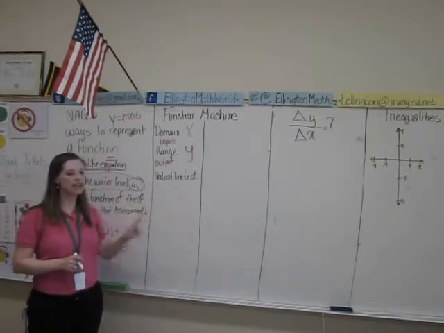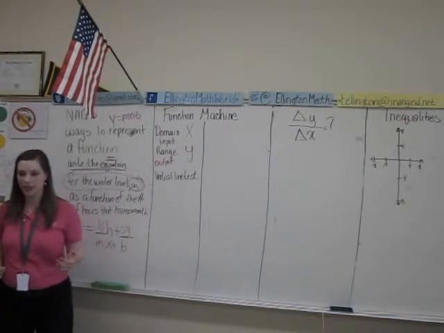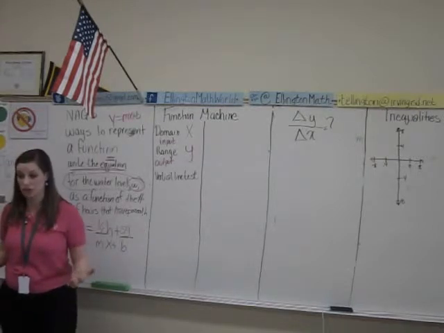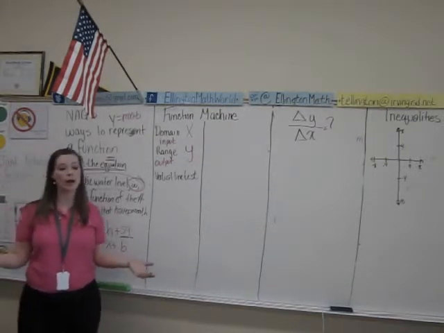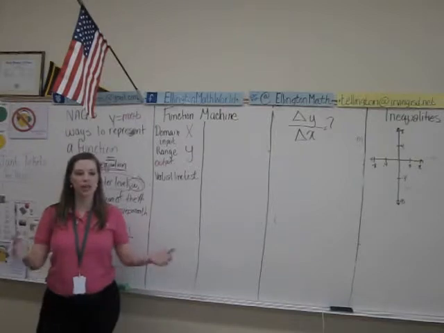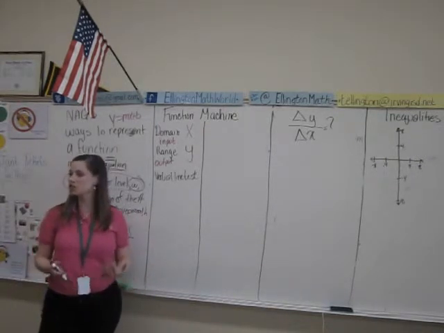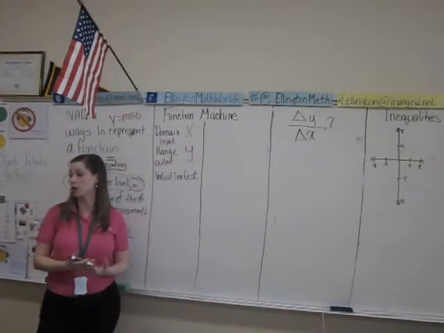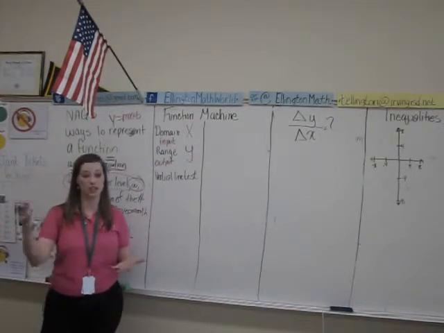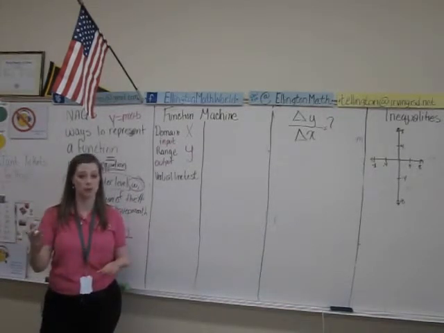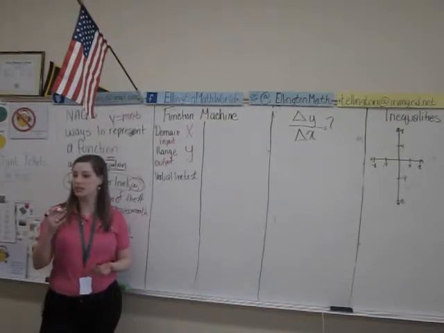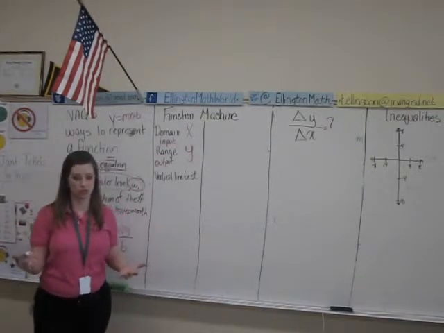Now, your vertical line test only works on a graph, and it tells you whether or not something's a function. You can graph an equation and get a line, but every line that you graph is not necessarily a function. To be a function, it has to have a proportion going on. It has to increase at a constant rate. That's your slope. If the line doesn't increase at a constant rate, then it's not a function.